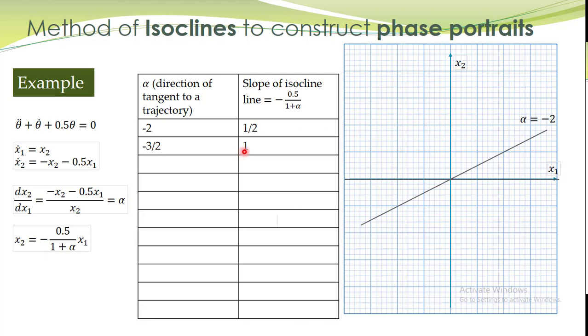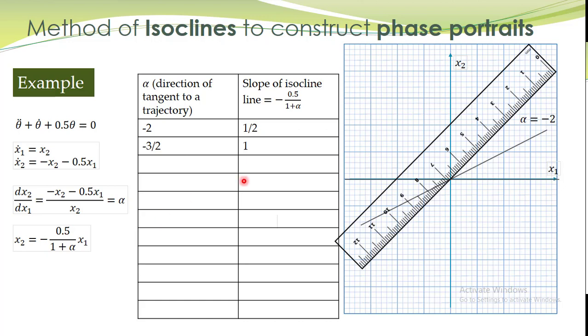So I can easily draw a line with slope equal to 1. One slope means vertical box 1, horizontal box 1. So this line will have slope equal to 1.